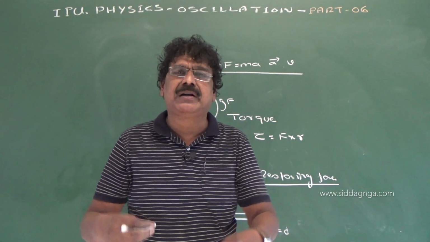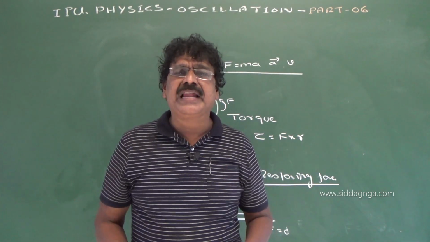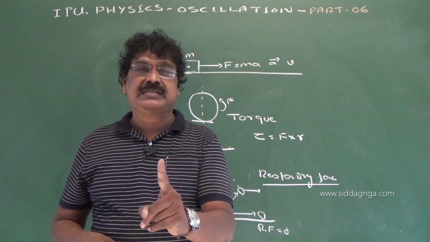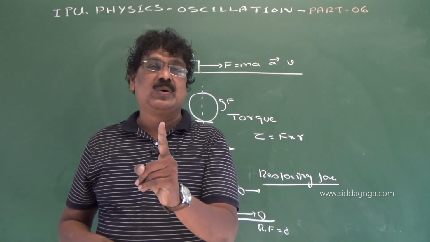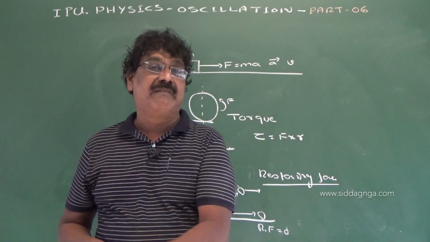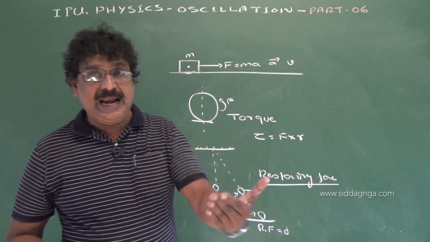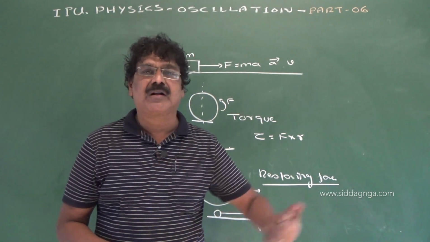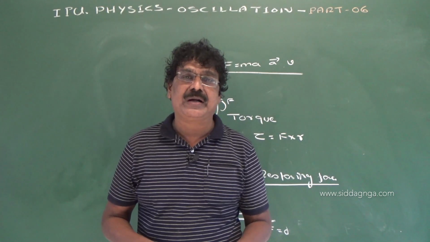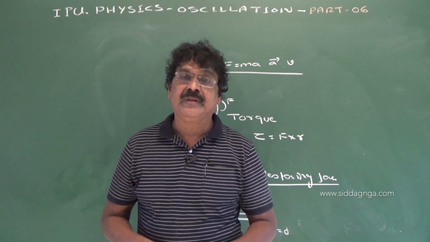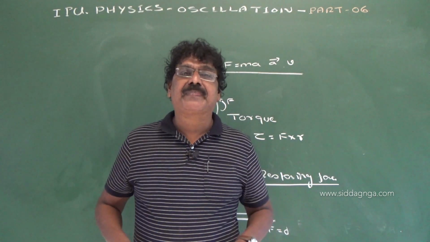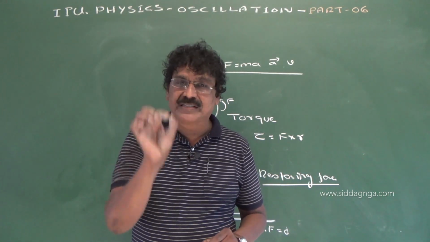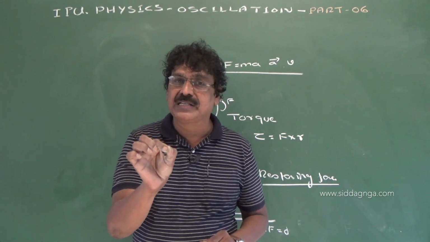It is applicable to any particle executing simple harmonic motion, the condition being that its acceleration a is equal to minus omega square y. And frequency of simple harmonic motion, that is the number of oscillations executed per second. Let us find an expression for period of oscillation of a loaded spring.